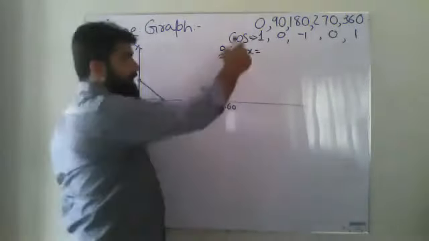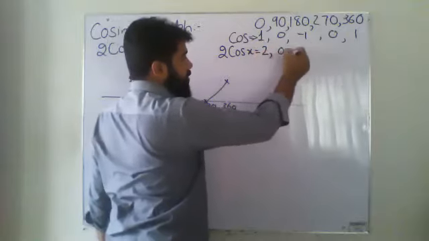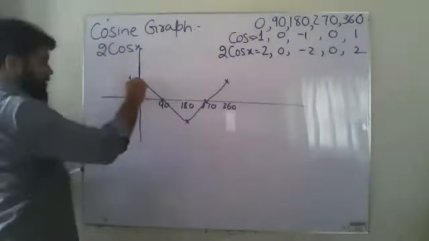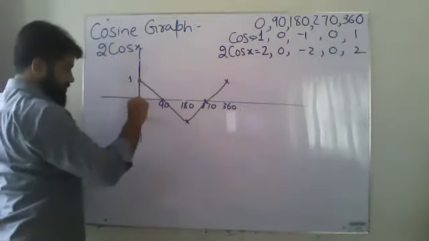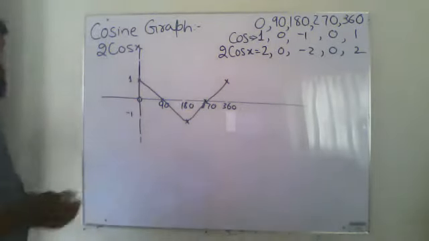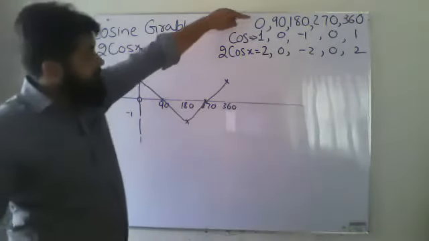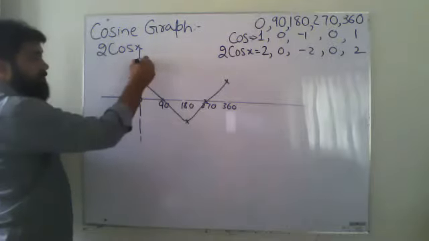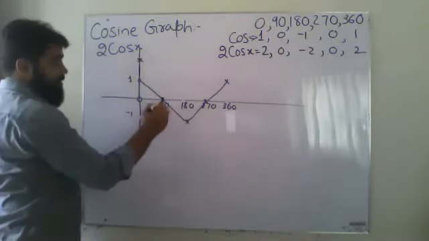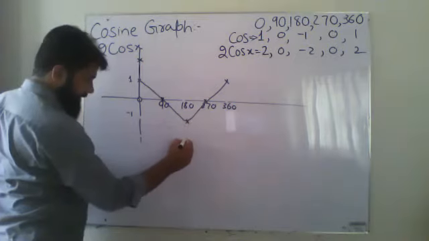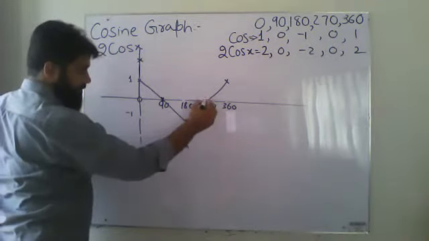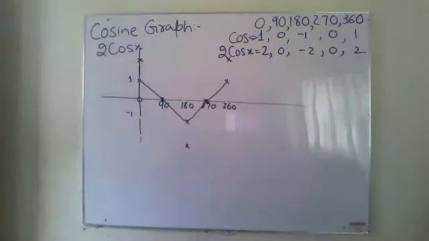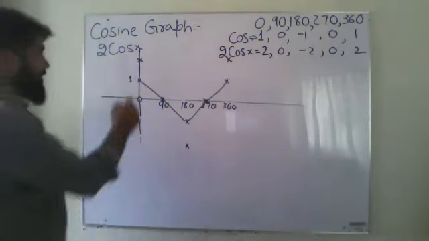So multiplying by 2, we get 2, 0, -2, 0, 2. On 0, the value is 2. On 90, the value will remain 0. On 180, the value will be -2. This is how we have got it.